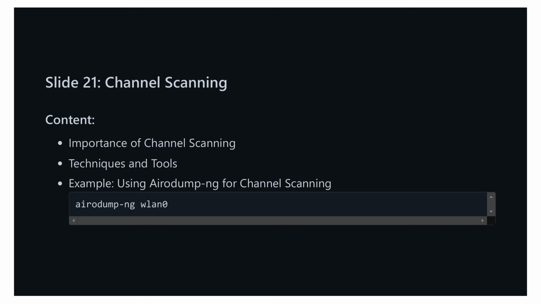Here, wlan0 represents the name of the wireless interface you are scanning with. This command will start capturing packets and display a list of all the wireless networks in range, along with details such as the channel each network is using, signal strength, and much more. In the next slide, we will explore signal strength scanning, focusing on determining the strength and quality of Wi-Fi signals using tools such as Insider.